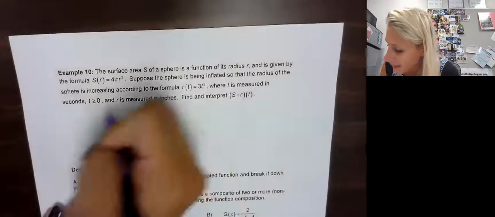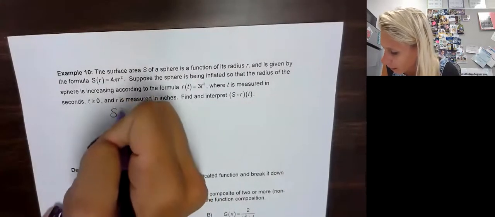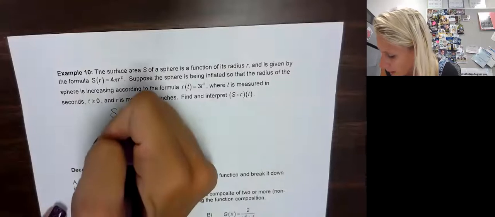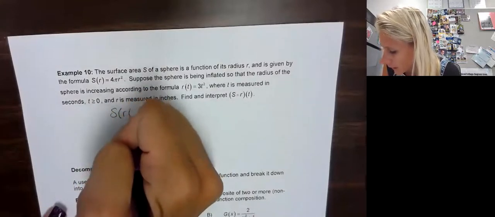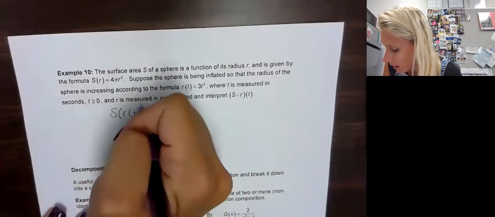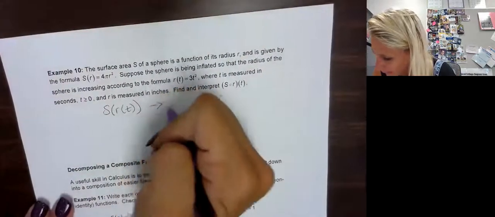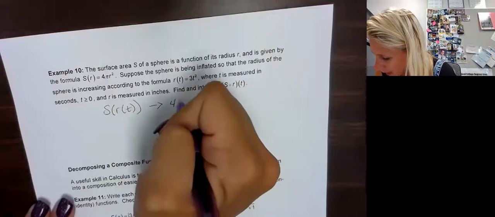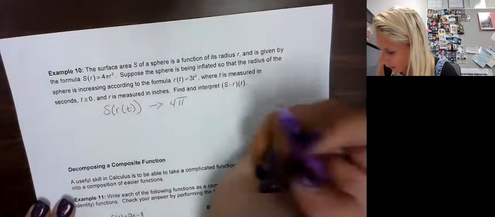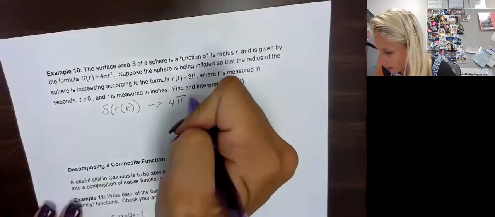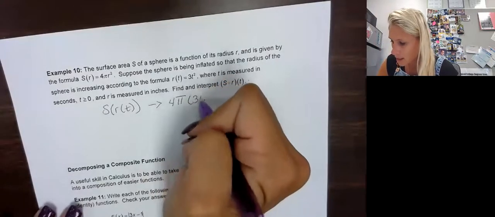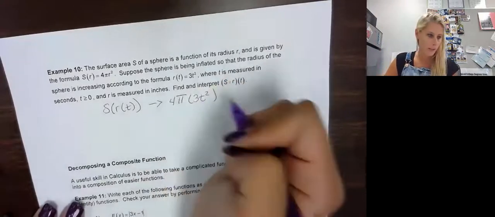So what this is saying is that we are taking the sphere and composing it with r of t, the rate that the r is going up. So what I'm looking at is 4 pi, and instead of r, I'm going to put the 3t squared in.